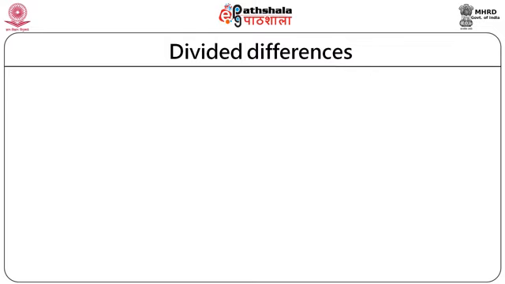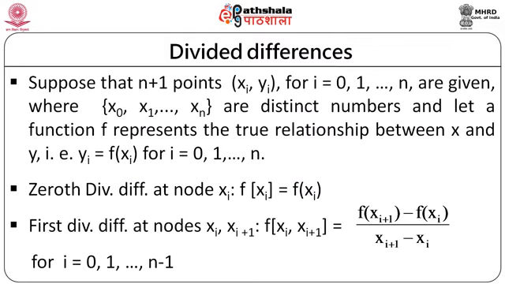So, divided differences are defined like this. Suppose that n plus 1 points x i, y i for i equal to 0, 1, 2, 3 up to n are given, where the x i are all distinct numbers, and a function f represents a true relationship between x and y.